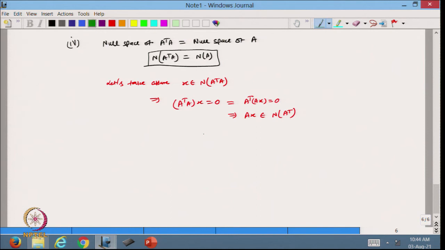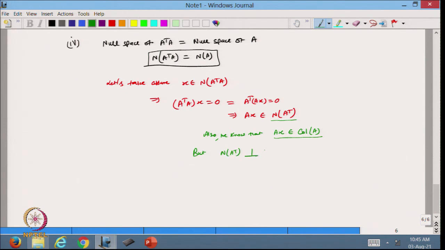Also we know that Ax belongs to the column space of A, because Ax is just the span of the columns of A. So Ax belongs to the column space of A, and it also belongs to the null space of A transpose.